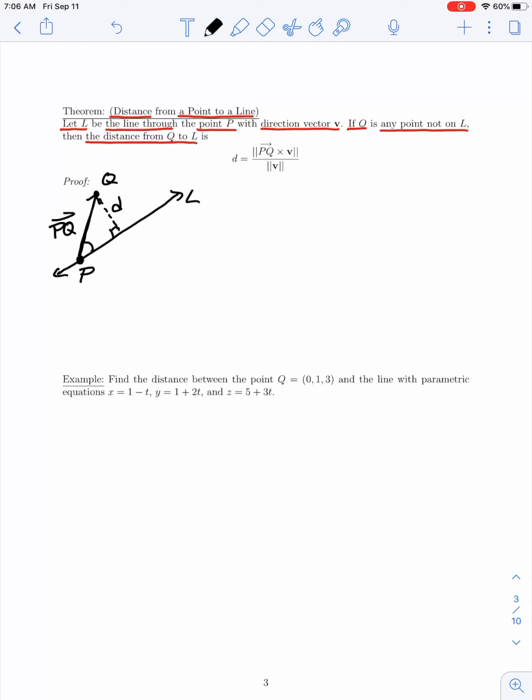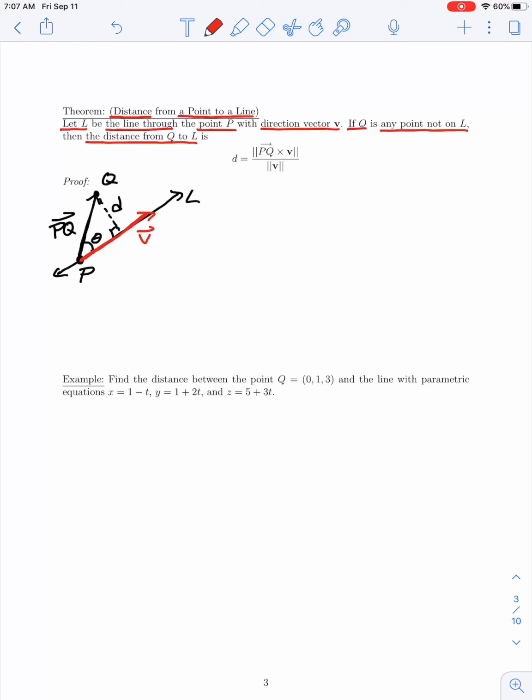And let me take theta to be the angle between my line and this vector PQ. And here our line has direction vector v. So somewhere along our line, we have this direction vector v.